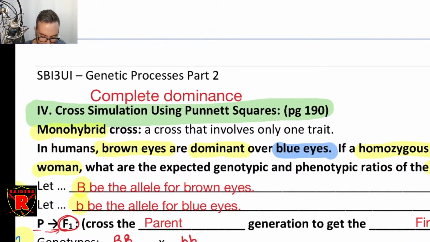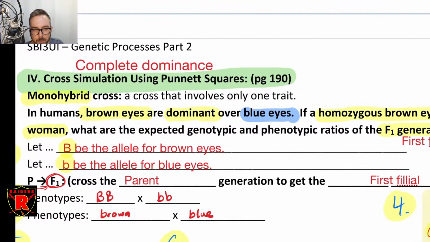So that inheritance pattern is called complete dominance, and all the traits that Mendel was working with exhibit complete dominance. Lucky for him, it would have been very confusing if they didn't, because he would have got different results for his experiments, which probably would have prevented him from coming to such clear conclusions. So anyway, Mendel was working with traits that were complete dominance.